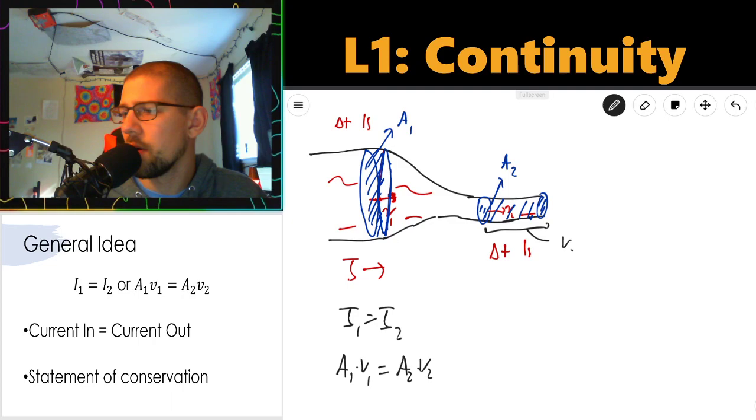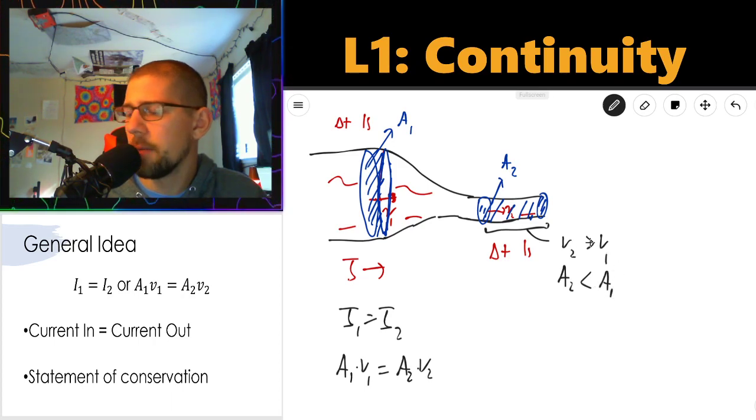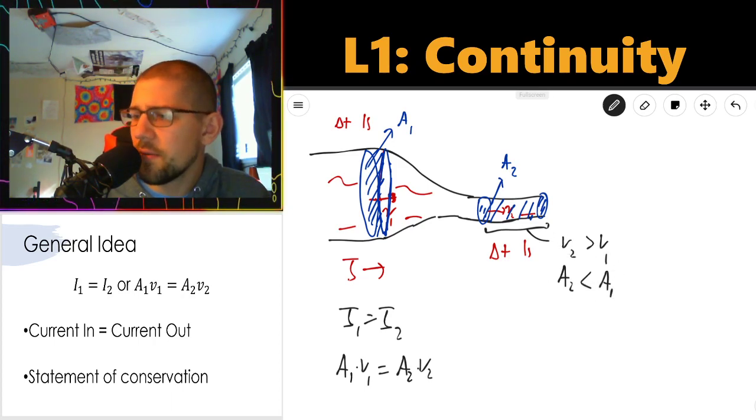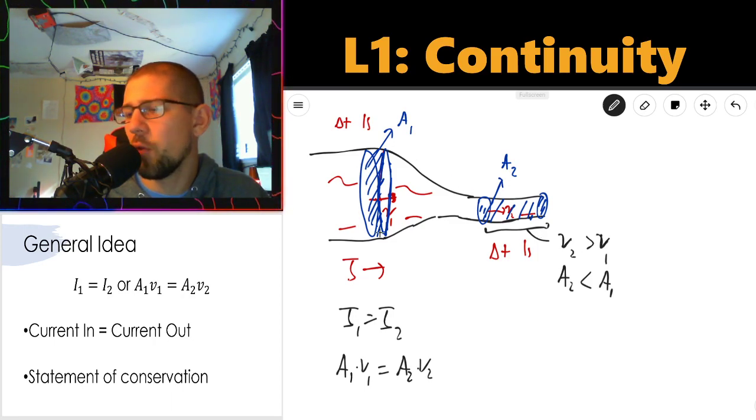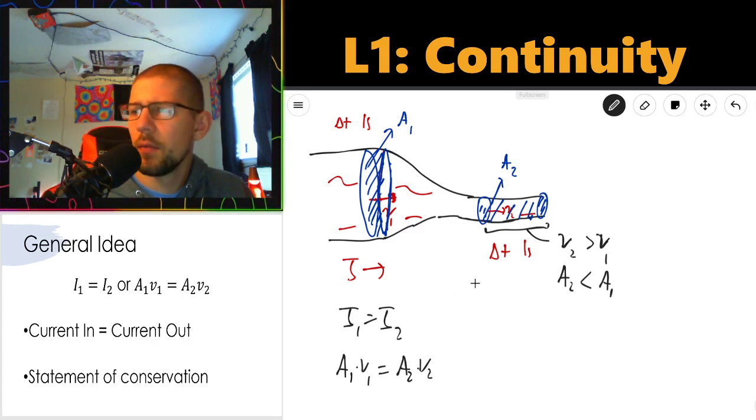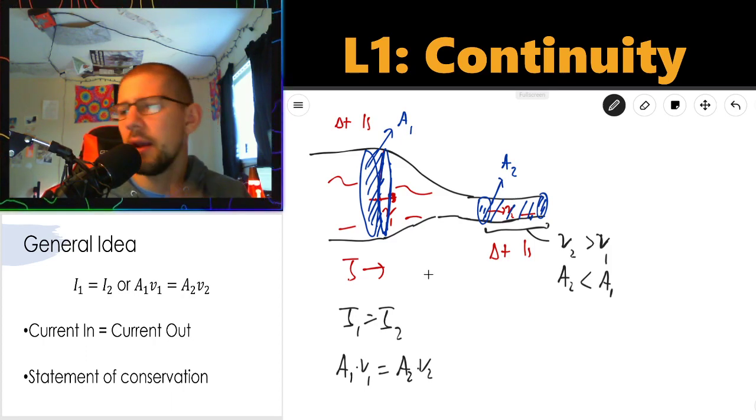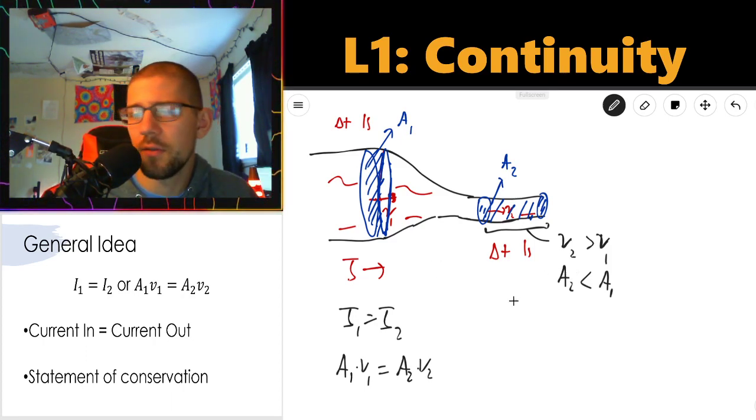So V2 is greater than V1 if A2 is less than A1. Again, the reason is volume conservation. We need the same volume of water to flow through two different cross-sectional area sizes. Hopefully that helps. Again, it's a statement of volume conservation.